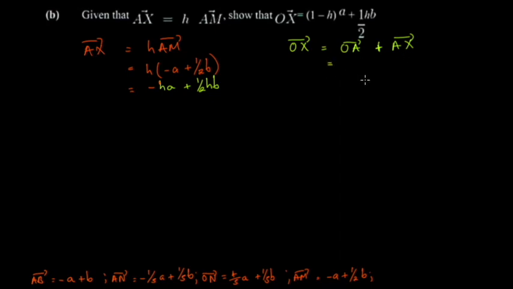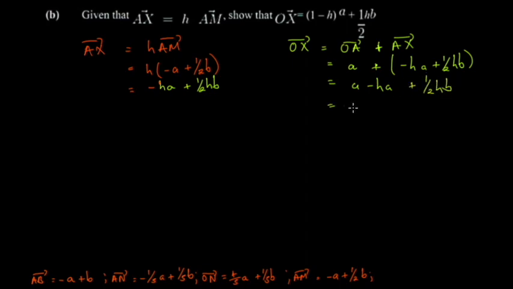So from O to A, just look at your diagram, it's supposed to be A. Then from A to X it's what you're given here. So you're now substituting. So this is half HB like this. Here you can arrange like terms, so it'd be HA here plus half HB.